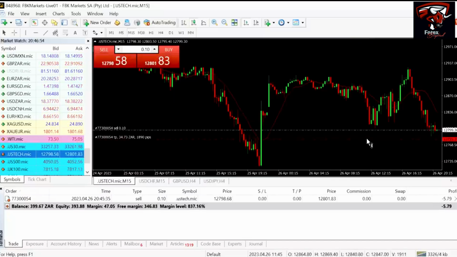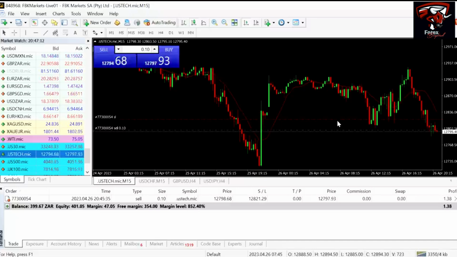To set it on a PC is quite easy. For a sell order, when you drag this to the bottom, it's automatically your TP, but when it's above, it's your stop loss. Vice versa for your buy order.